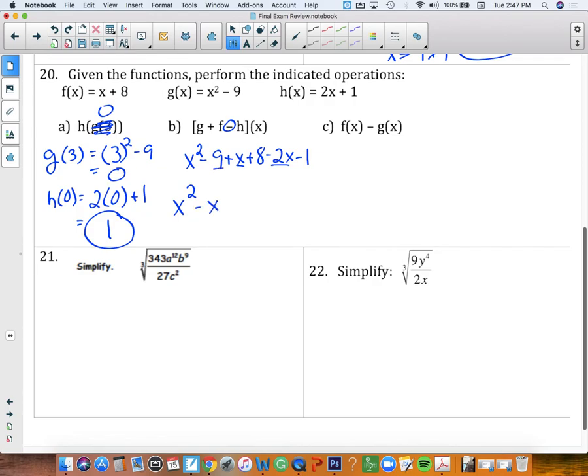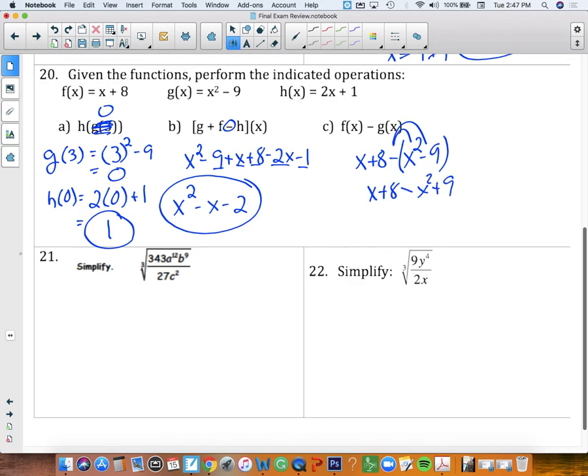And I got a negative 9, plus 8, so negative 1, and another negative 1 is negative 2. That's that. And last one is just f minus g. So I would take x plus 8, and I'm subtracting x squared minus 9. So distribute: x plus 8 minus x squared plus 9. Just rearrange stuff then. Plus 17.